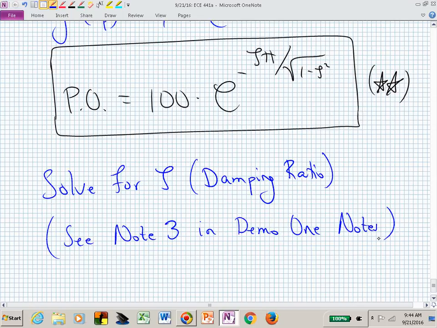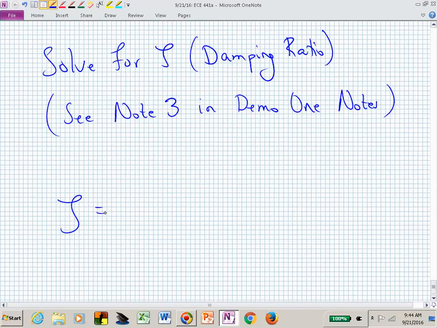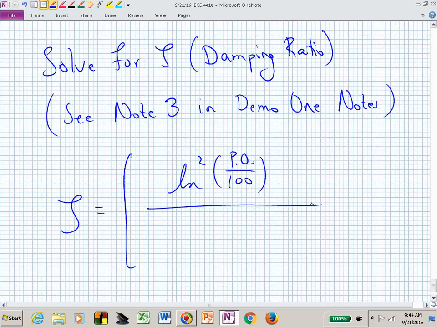So see note 3 in the notes, but you can now start looking at dividing by 100, taking the natural log, and doing some algebra to find zeta. And the formula then ends up being zeta is equal to the natural log of percent overshoot over 100, over the square root of pi squared plus the natural log squared of PO over 100. Let's say that you had a 10% overshoot. PO would be 10. It wouldn't be 0.1. It's 10 divided by 100, so the net is 0.1, but PO here is the actual percent. Is that clear?